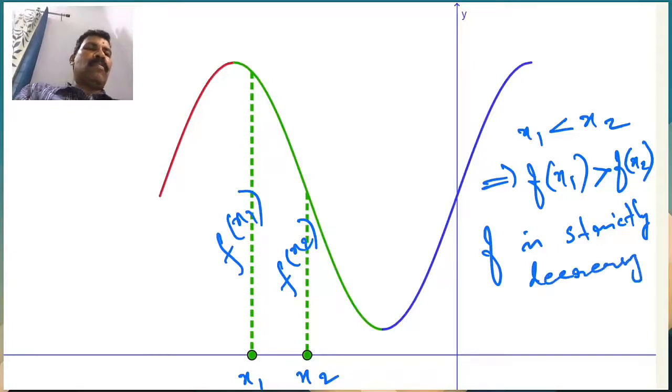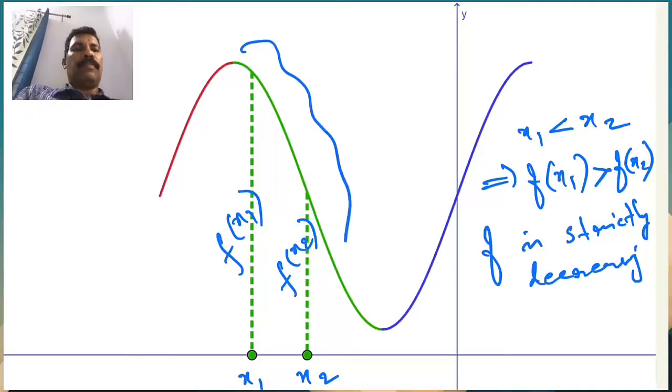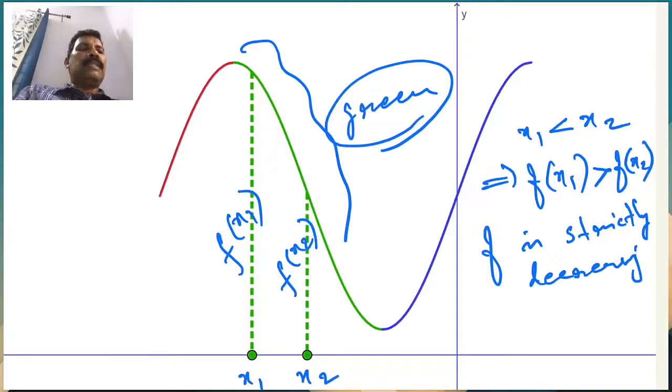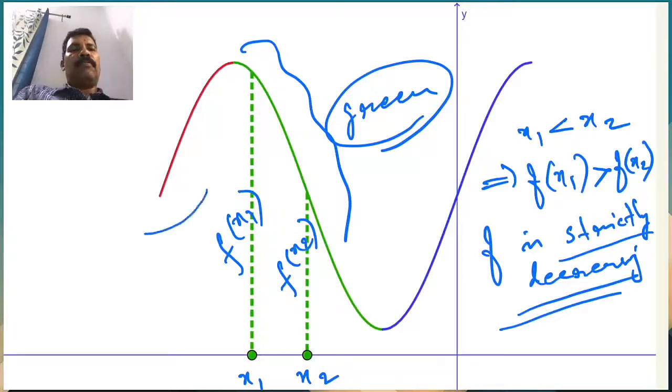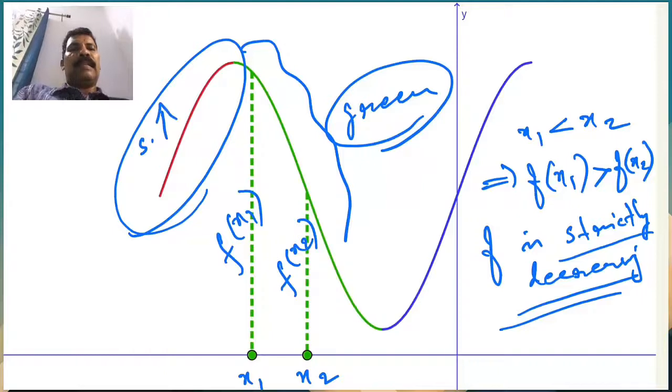So here on the graph, this green portion of the graph has the strictly decreasing nature. I told you this red portion has the nature strictly increasing, this green portion is strictly decreasing, and again this blue portion will have the nature strictly increasing.